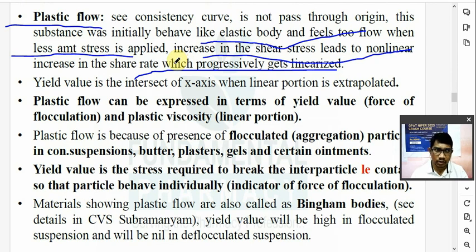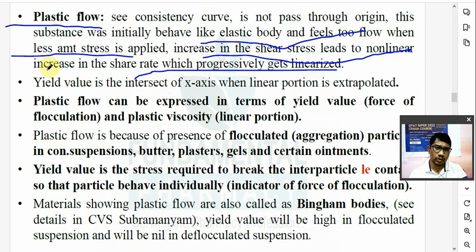Once you reach the yield point, if your stress is more than the yield value of that particular suspension, then stress will increase. If you apply stress beyond the yield value, then the shearing rate will also increase proportionally, linearly. Right?